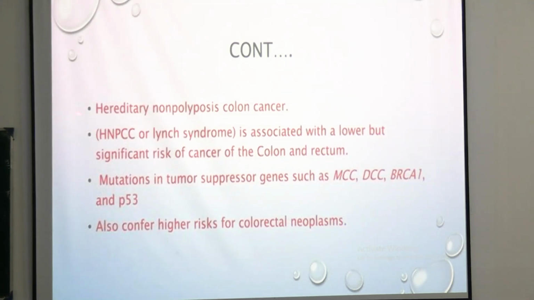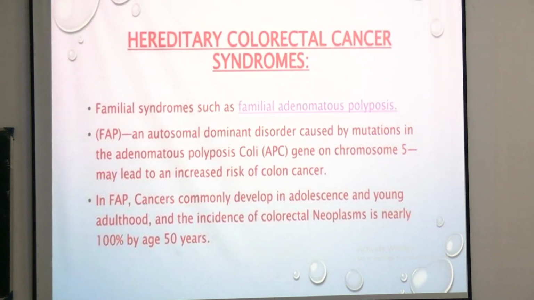And there is another entity, hereditary non-polyposis colon cancer, or HNPCC, or Lynch syndrome. There is also an increased risk of colon and rectal carcinoma, but it is lesser than hereditary adenomatous polyposis.